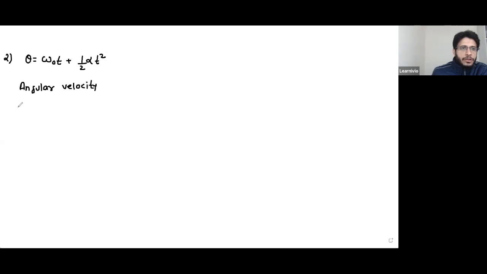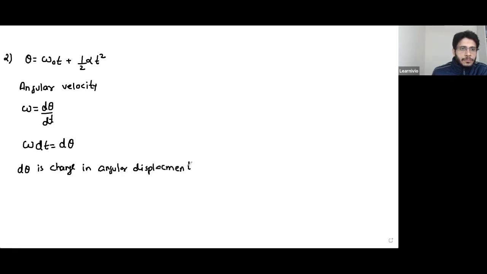Angular velocity omega is d theta over dt. So omega dt is d theta. What is d theta here? d theta is the change in angular displacement in time dt.